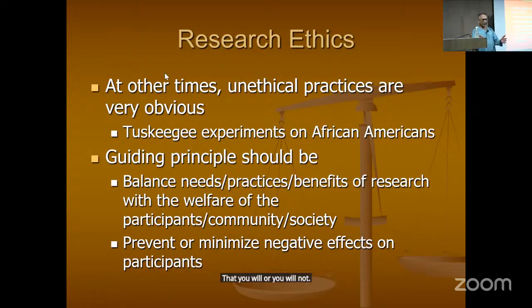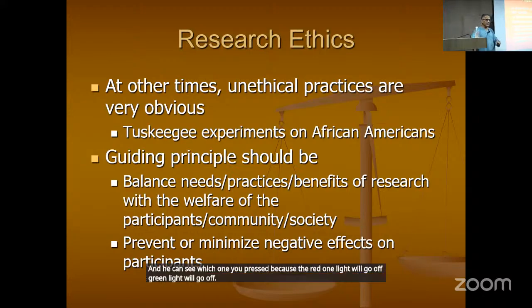Suffice it to say that a larger number, in many situations, press the green switch, and that person there is a trained actor, and he can see which one you pressed, because the red light will go off, or the green light will go off. When the red light goes off, he makes appropriate noise.